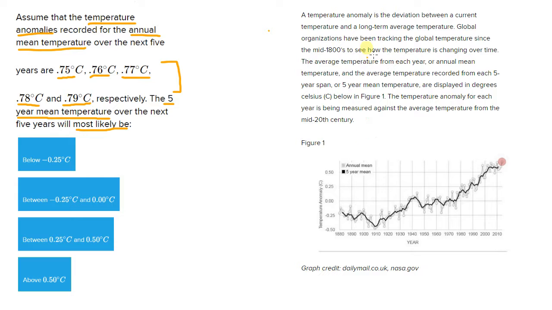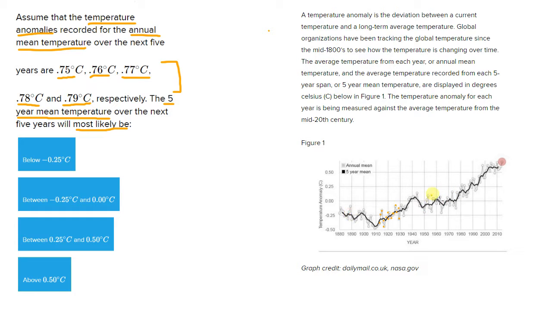If you look at this graph, and you can read up top here too, it shows you that these annual mean temperatures, these little dots, are the temperature anomalies for every specific year. So you can see this graph is actually made up of lots of little dots. And this black line, or the 5-year mean, is just the average of those temperatures over any 5 years.